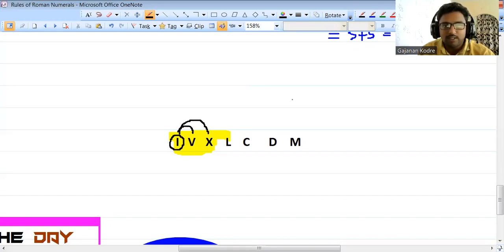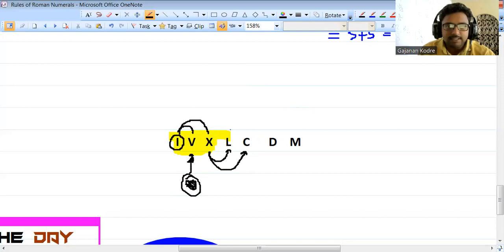Now look at the next one. Can we subtract V? No, we just saw in rule number 6 that we cannot subtract V. So let's not talk about V. Let's talk about X. X can be subtracted from the next two, that is L and C only.